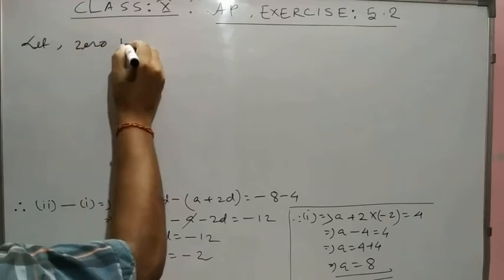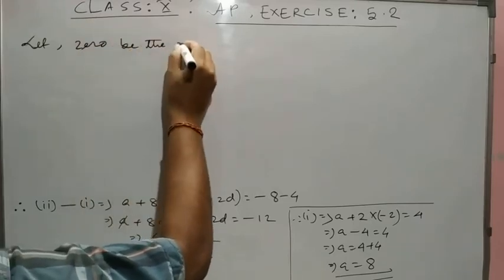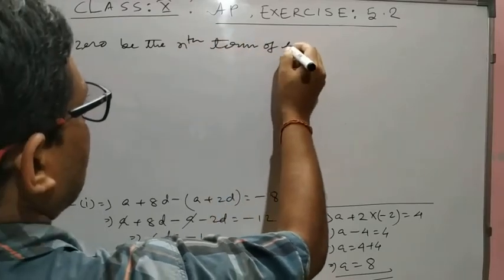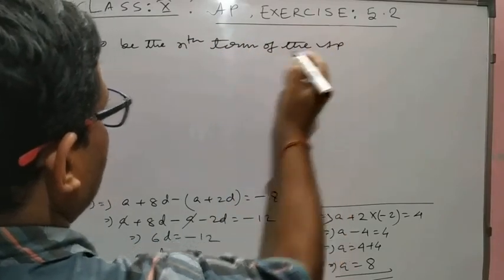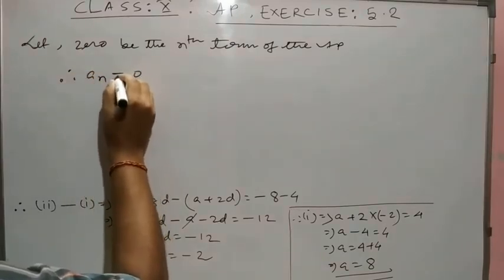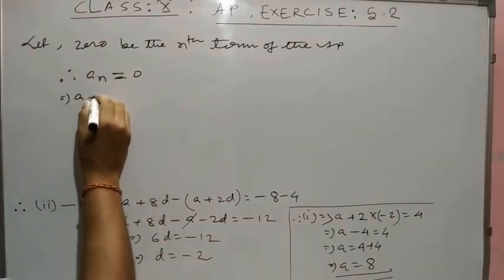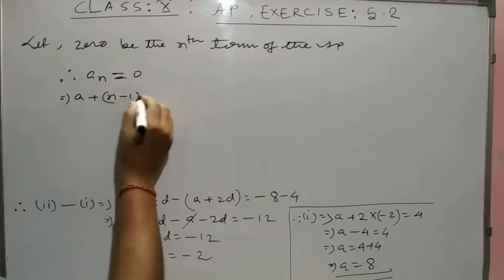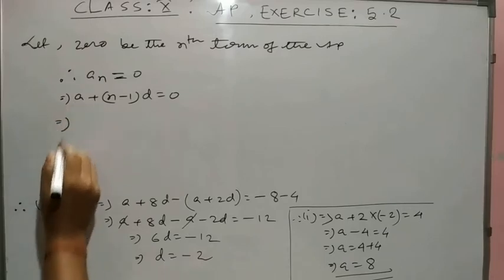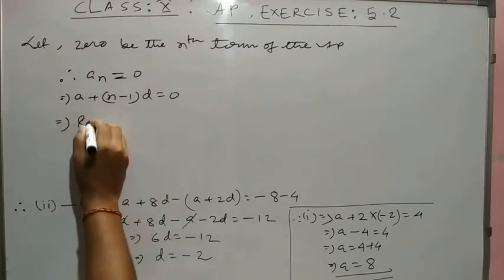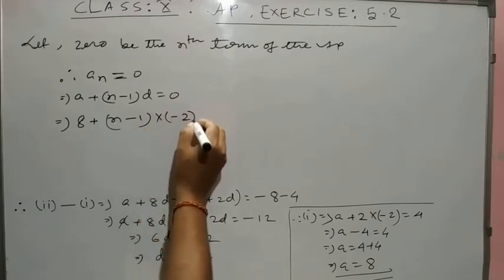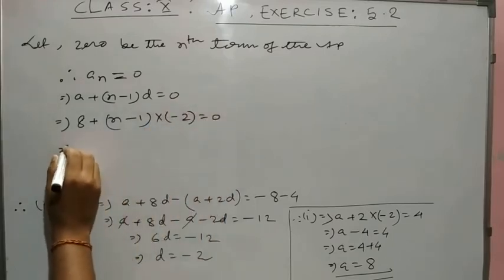Therefore, an equals 0. This implies that A plus (n minus 1) whole into D equals 0. And this implies that A means 8, (n minus 1) whole into D means minus 2, equals 0.